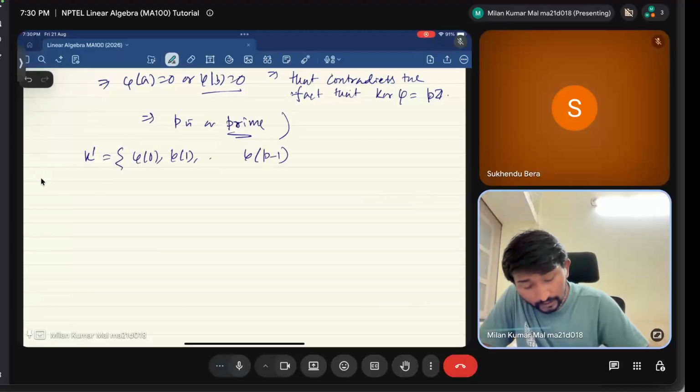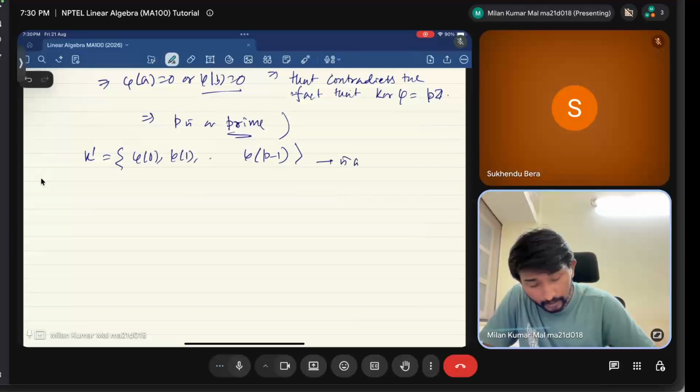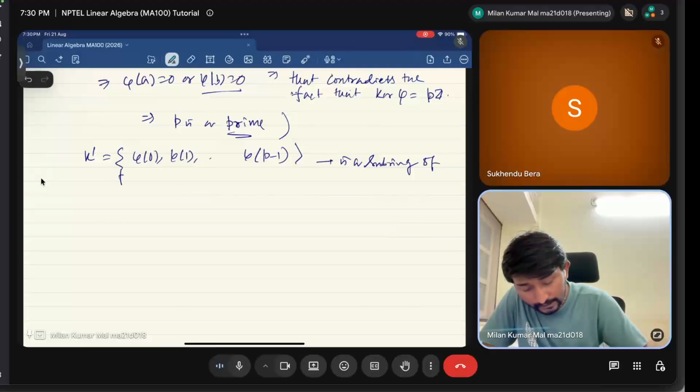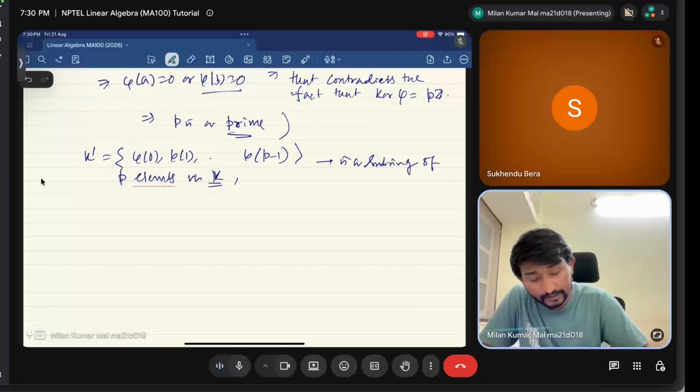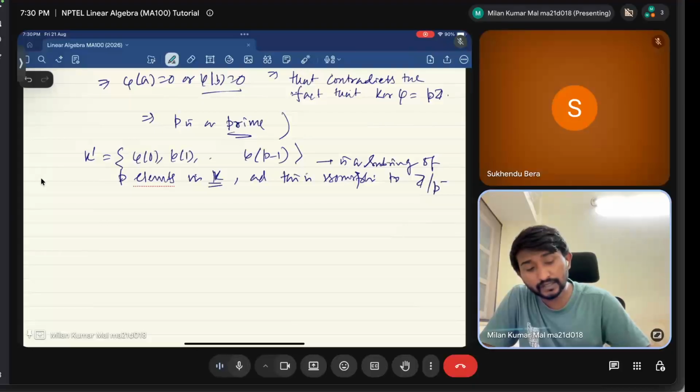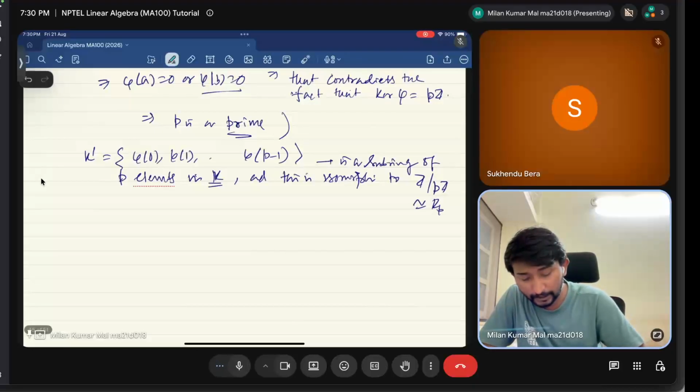This is a subring of p elements, where this subring is in K. Moreover, this is a subfield, you can check, and this is isomorphic to Z mod pZ, that is the field Z_p. So that's why K dash is a field.